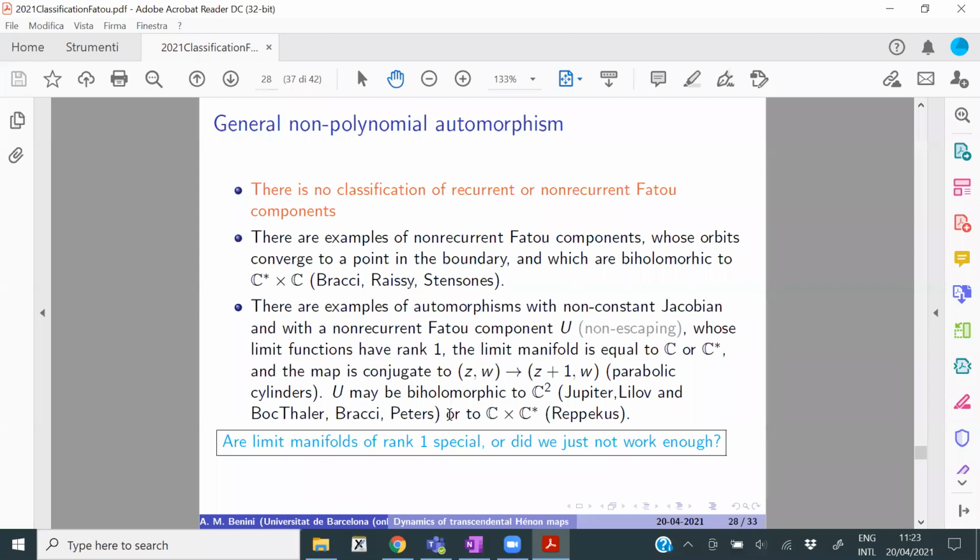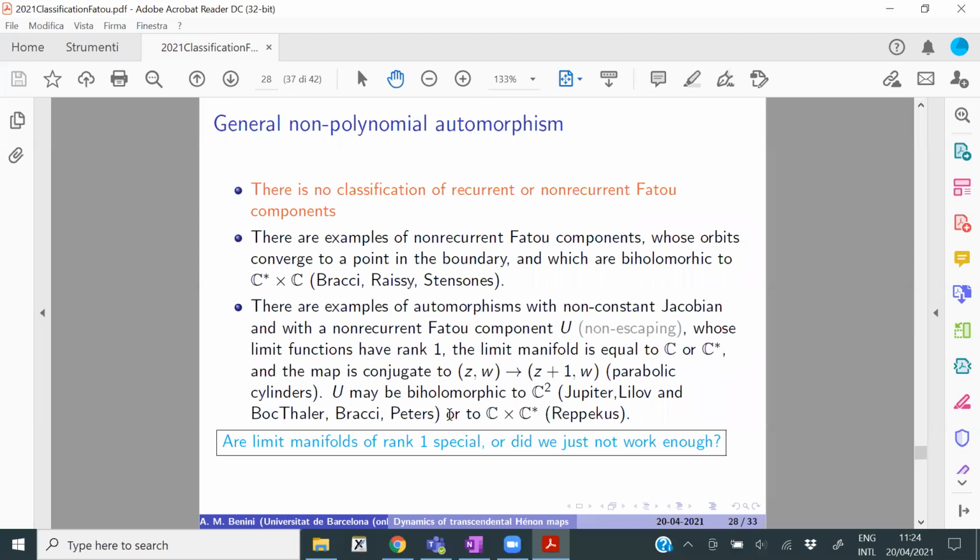There are also several examples of non-recurrent Fatou components in which you converge to a rank 1 limit manifold. For polynomial automorphisms, we don't know if you can have a non-recurrent Fatou component on which you converge to some complex dimension 1 manifold in the boundary.